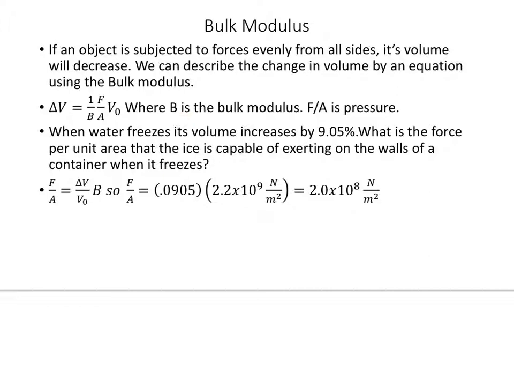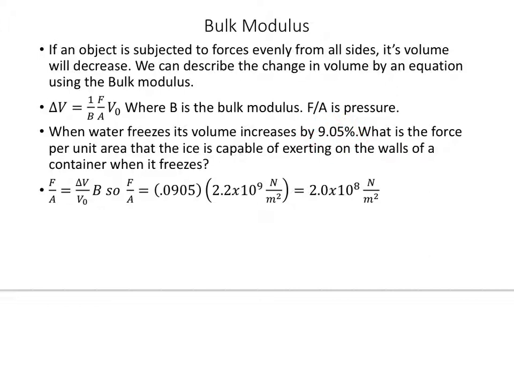Okay, so same equation, so we want to find out the force per unit area, or the pressure that the ice applies. That's F divided by A, and that's going to be equal to delta V over V0 times the bulk modulus. So we're told that the volume increases by 9.05%.